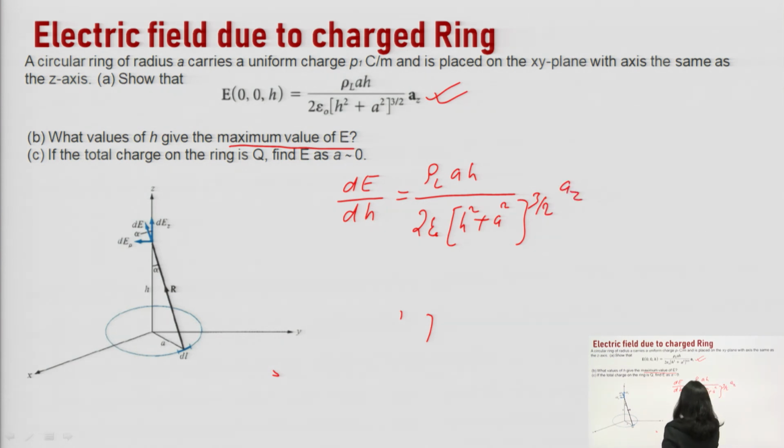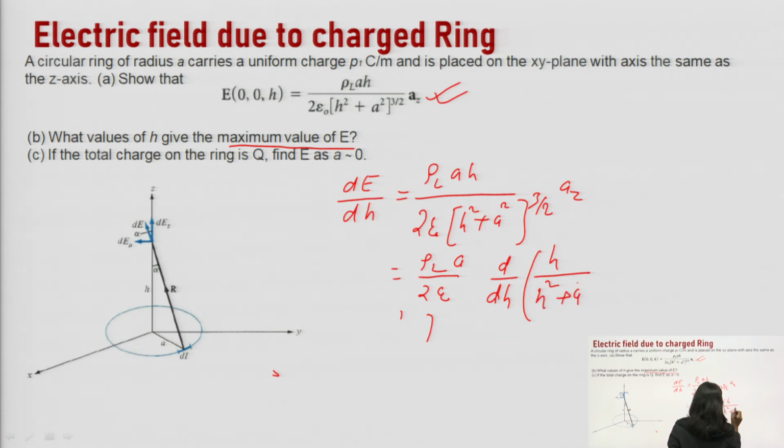Now here rho L, A and 2 epsilon are constant quantities, so we will take them outside: rho L by 2 epsilon, A will also come out, and here we will be left with d by dh of h by (h square plus A square) to the power 3 by 2 a z.